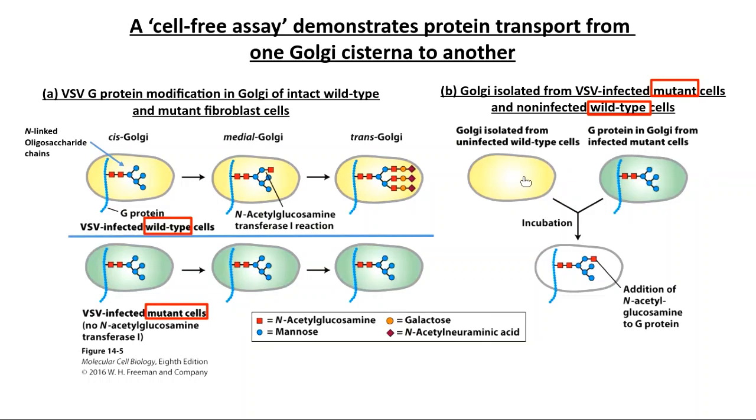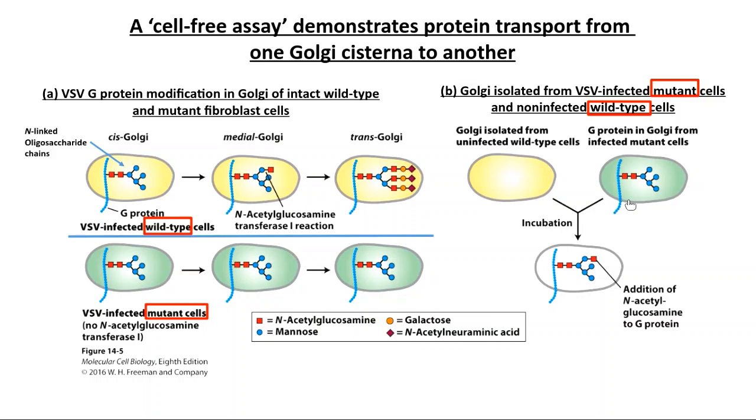The vesicles bud off from this wild type cells, which contains the enzymes from this medial Golgi, and then those smaller vesicles with this N-acetyl glucosamine transferase 1 enzyme fuse with this Golgi, which lacked the N-acetyl glucosamine transferase 1.